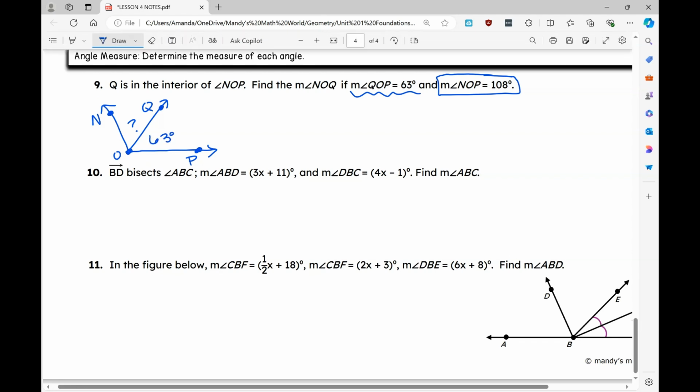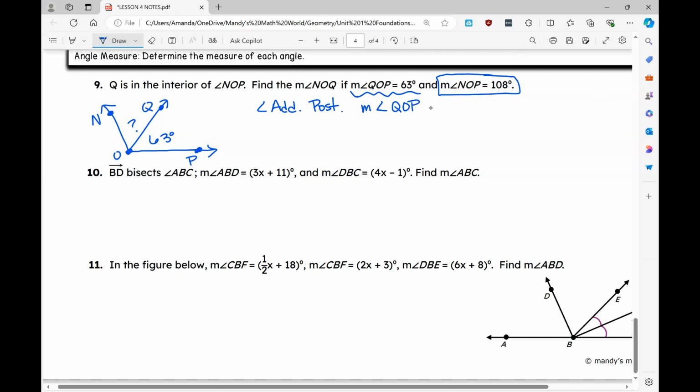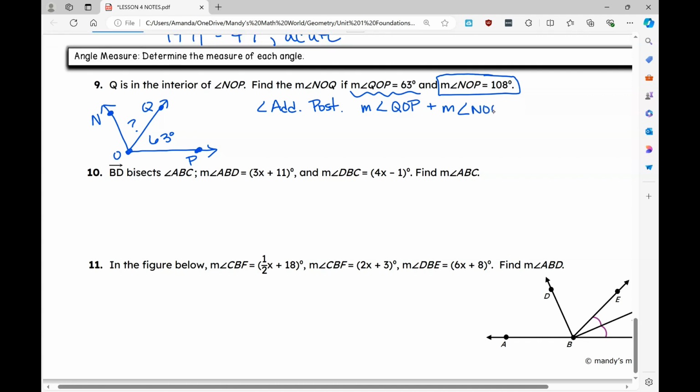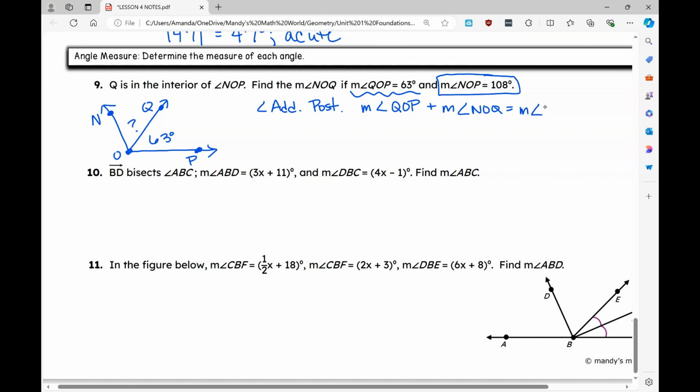Okay, well, if I use the angle addition postulate, that tells me that the measure of angle QOP plus the measure of angle NOQ is equal to the measure of angle NOP, right? I can add those angles. There's my equation. And now we're just going to substitute what we know.